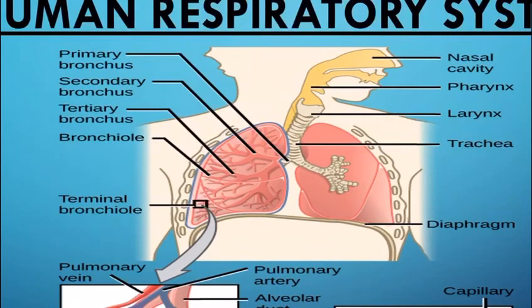The lungs are housed in the thorax, an airtight dome-shaped chamber formed by the rib cage and its muscles called intercostal muscles. As we all know, our thorax, that is our chest region, is where the lungs are present. These intercostal muscles, what do they do?